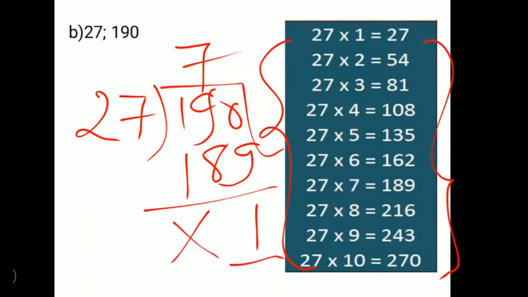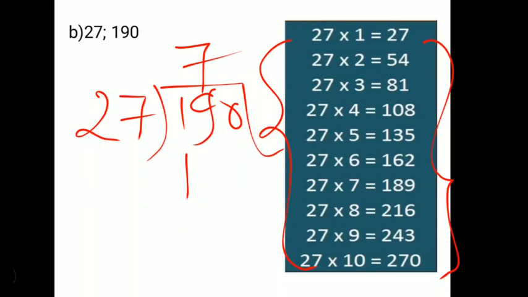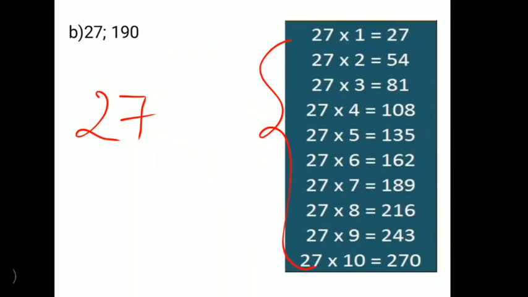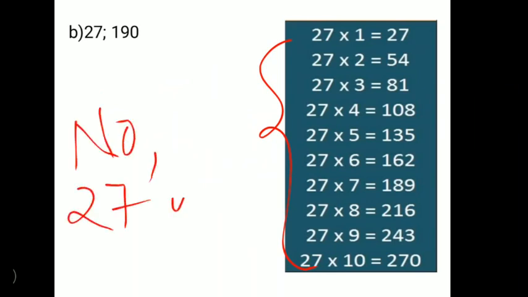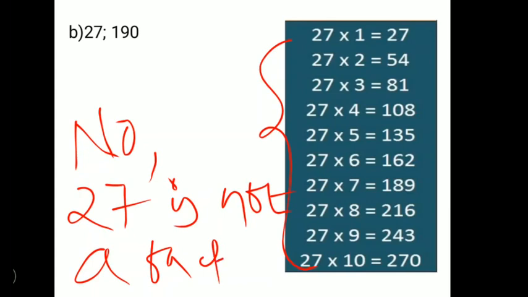You can copy this in your rough copy. At the last you can write: 27 is not a factor of 190, because you didn't get the remainder 0. So you will write no, 27 is not a factor of 190.